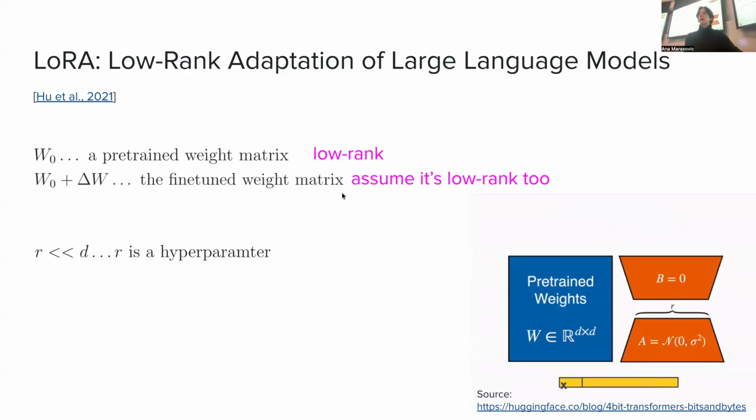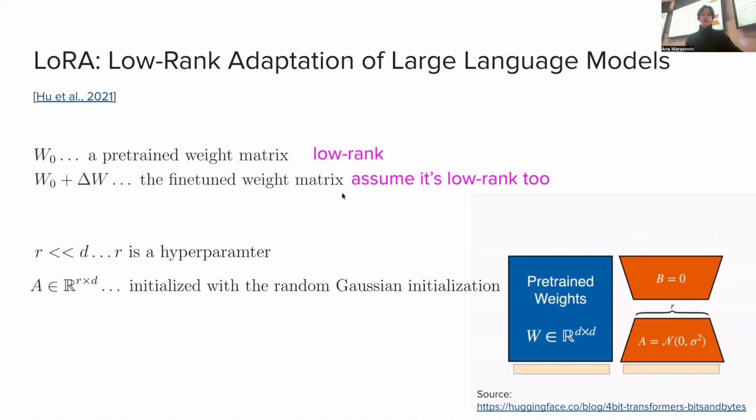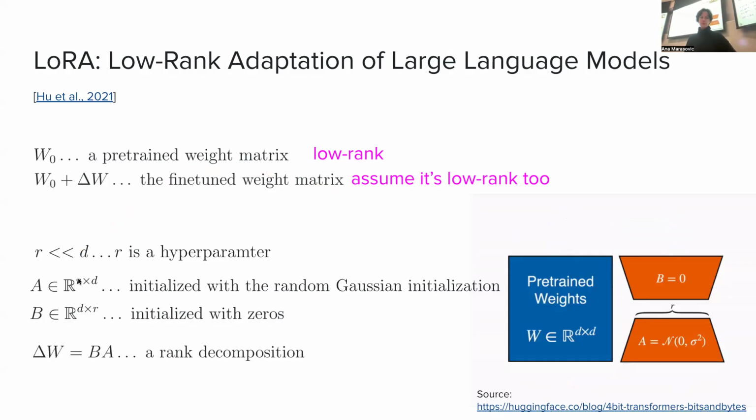We are going to choose a hyperparameter R, which serves as the rank of our matrix. We are going to have a matrix of the shape R times D, coming from that notion of rank decomposition, initially randomly initialized, and another one initialized with zeros.